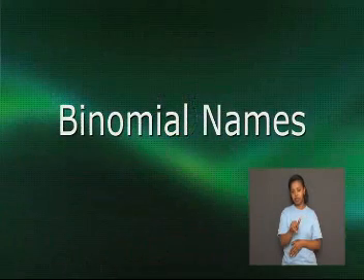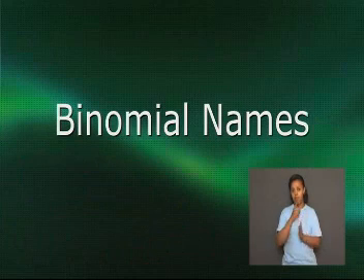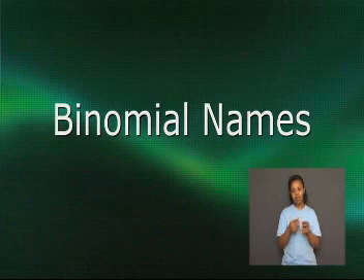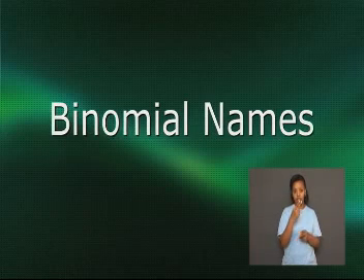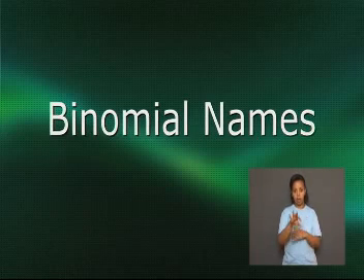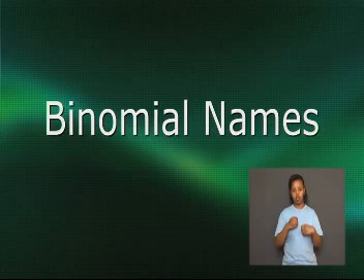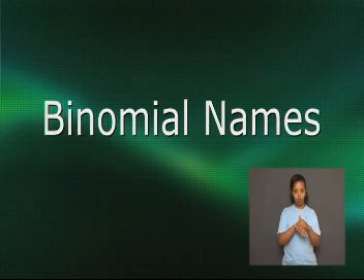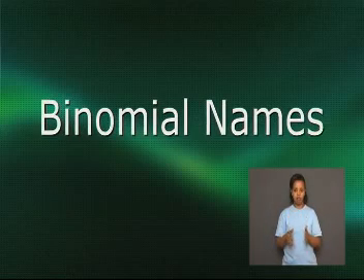As we learned in our last lesson, the names we use for organisms are their binomial names. But to reach those binomial names, organisms need to be classified in all categories, from the general kingdom to the individual species.